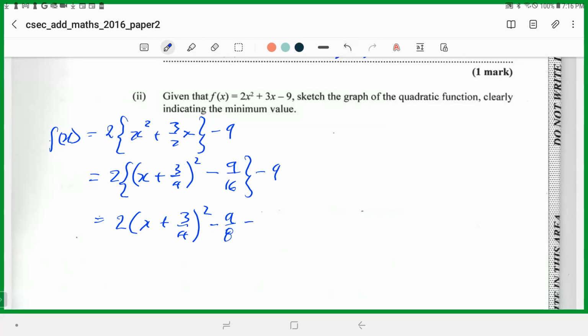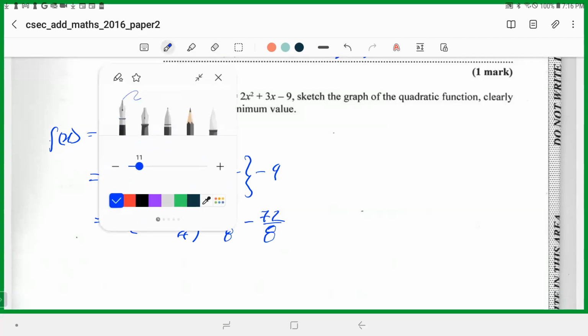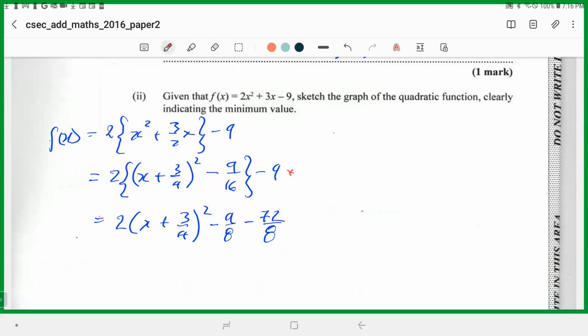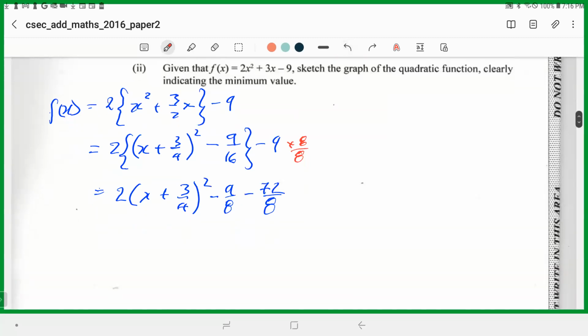So it's minus 72 over 8. I'm going to multiply the 9 by 8 and divide it back by 8. And then this works out to 81, right? So we get 2 into x plus 3 over 4 squared minus 81 over 8.